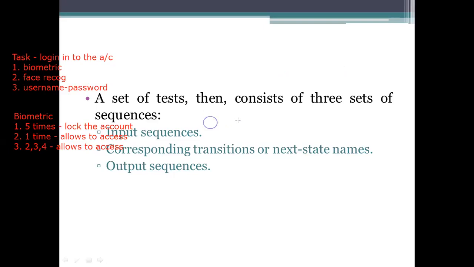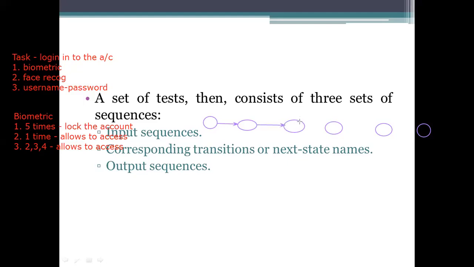So initially I started, I don't know how many states I will need, so I am just drawing this. If it is correct, it starts the accessing, and it allows you to access. If it is failing, it goes to the second try.